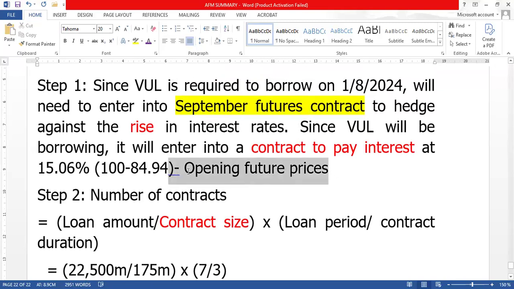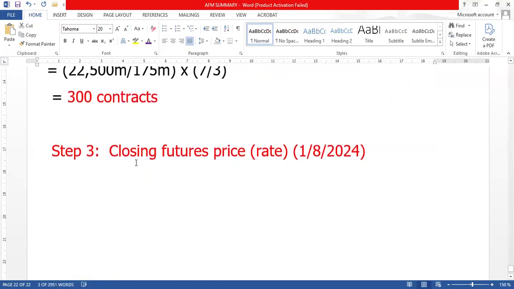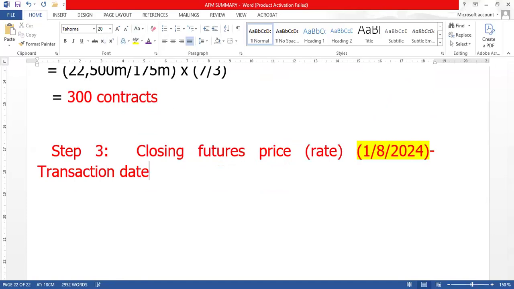That will be your opening futures. Then how can I get the closing futures price on the transaction date? This is the transaction date, if you want to record it in your summary, just to avoid making errors.